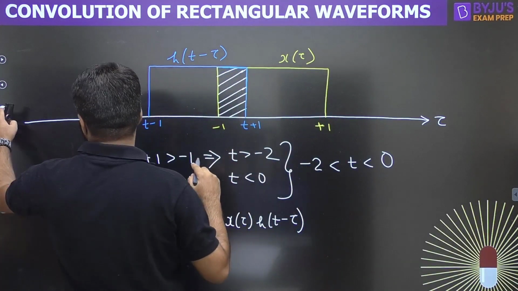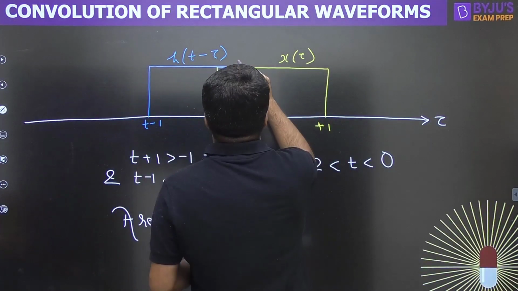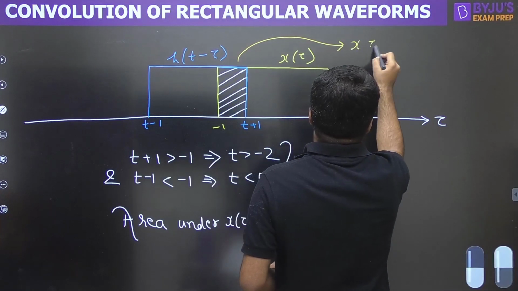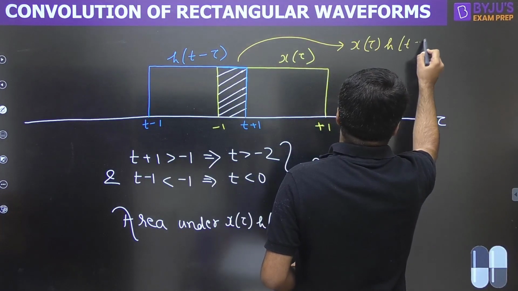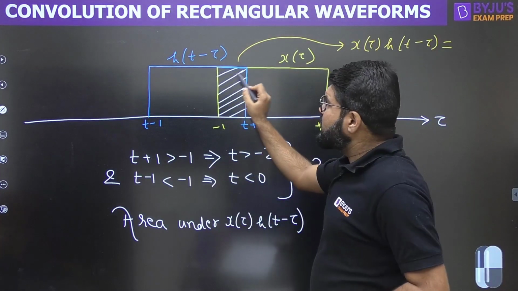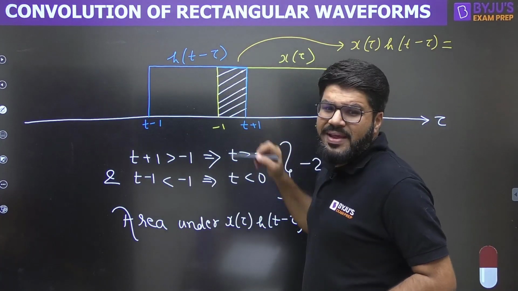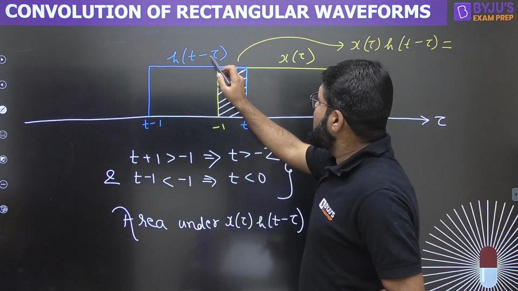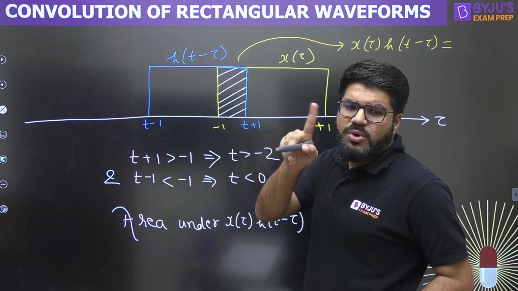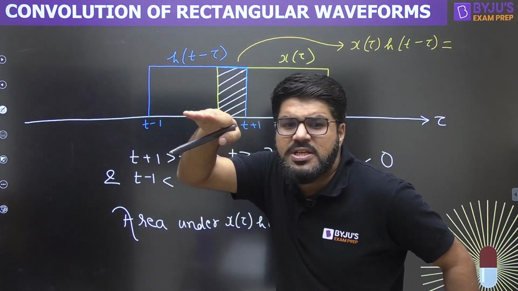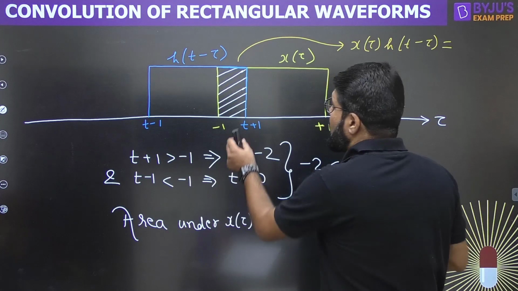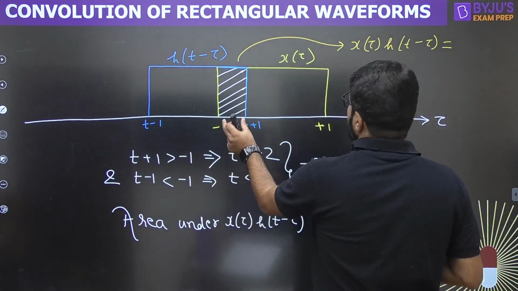So looking into this, I shall be able to say what is now the value of x of tau h of t minus tau, guys, right? After the overlap, their product comes to be a rectangle because both the values were 1. 1 into 1 is again a constant. Constant means flat line, a rectangle. And what is the base of the rectangle?